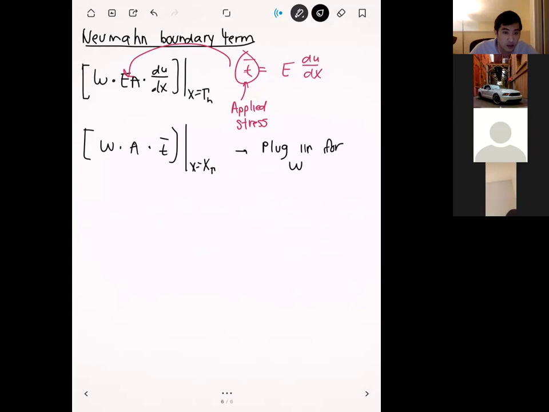The key here is this term right here, and the reason I saved this for last is that it is only going to be evaluated at the locations where we apply a load.